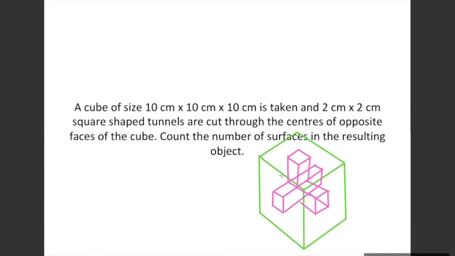And then there will be some part of this which will be hitting on the opposite side also, of course. This top tunnel will be going to the bottom. So at the end, what you see here will be this complex intersection with a smaller cube of 2 by 2 by 2 sitting in the middle. You agree with it? I don't know who asked, but there'll be a smaller 2 by 2 by 2 cube which will be sitting bang in the middle of this.